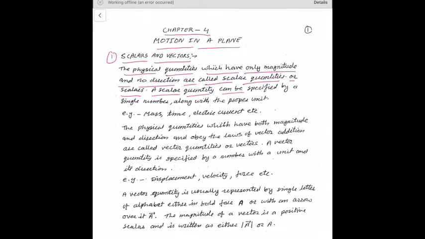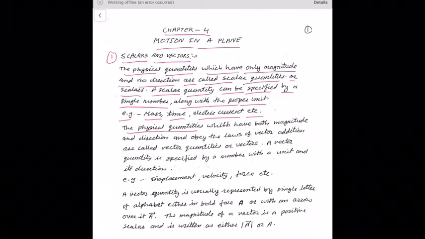A scalar quantity can be specified by a single number along with the proper unit. For example, mass, time, electric current, etc. The physical quantities which have both magnitude and direction and obey the laws of vector addition are called vector quantities or vectors.